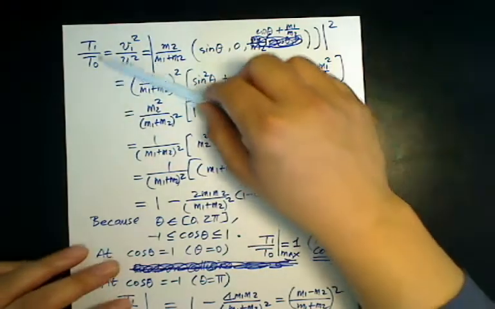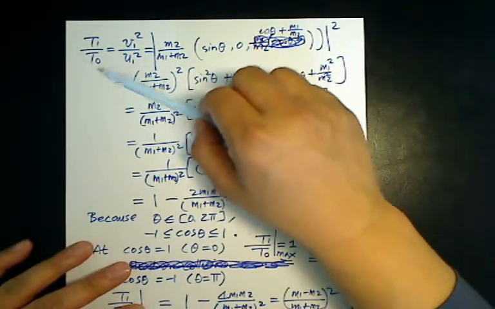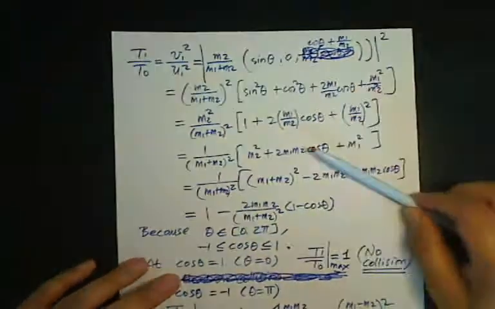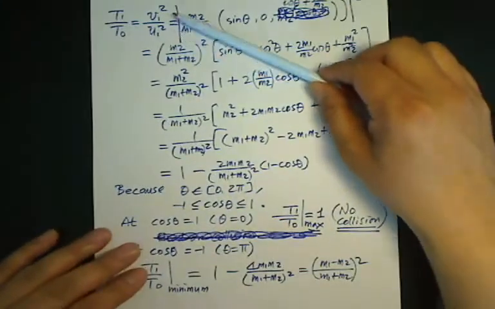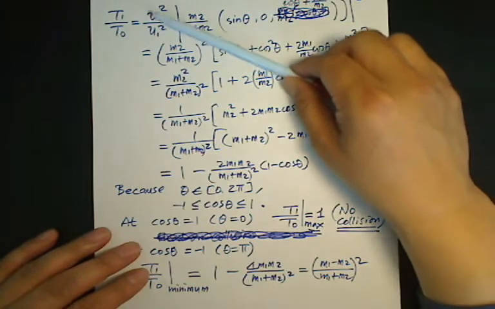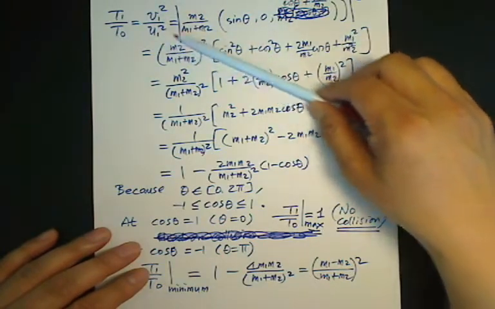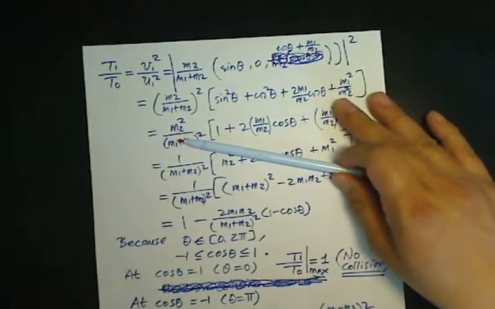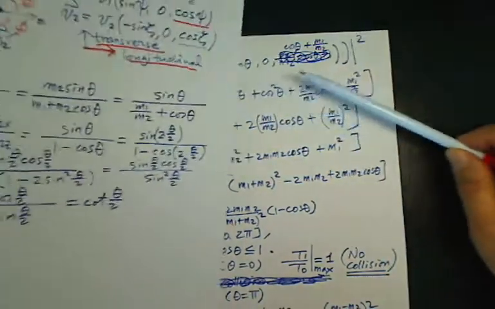That is because we are considering the same particle of mass m, just the velocity squared will be considered: the velocity of particle 1 in the final state squared divided by the velocity of that particle in the initial state. The answer is already given here.